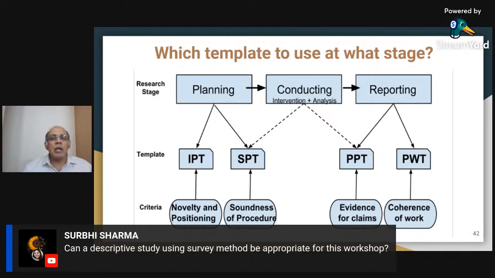Those things may not be of much use. If it's a survey, you have to say, this is the theoretical lens that I am taking for doing the survey, this is what my findings are, this is the analysis method. How you have done the analysis to come up with the findings is important.